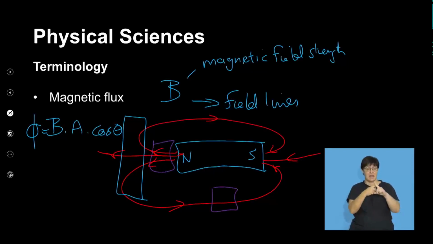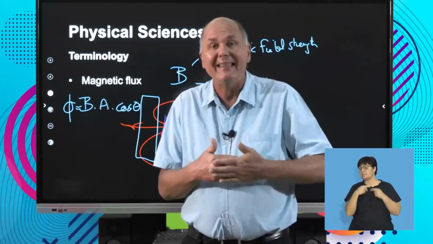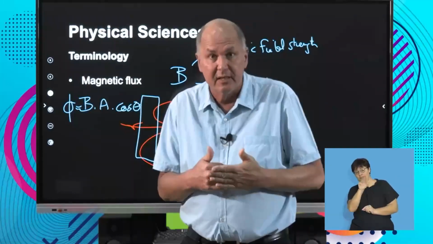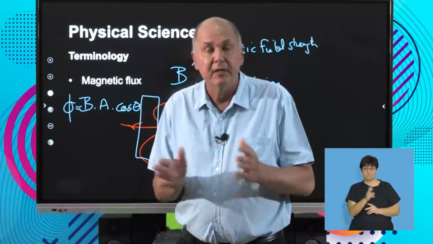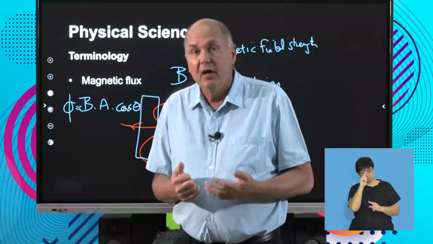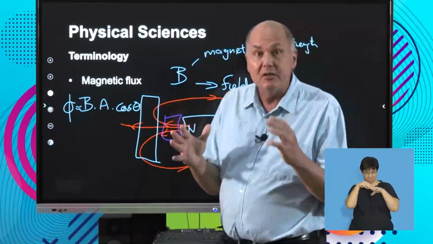In the case that we're going to look at today, we're going to be looking at the area that's at 90 degrees to the field lines. You'll see that that's not particularly difficult to imagine, and we're going to be applying that knowledge to a particular situation.